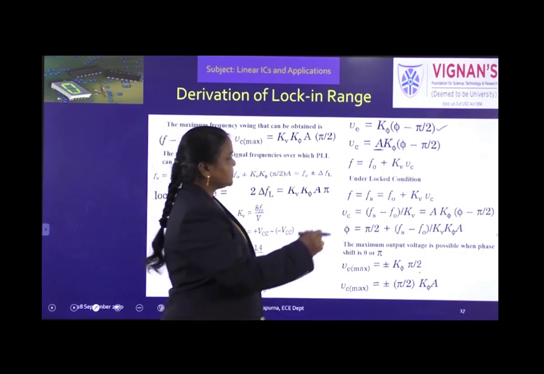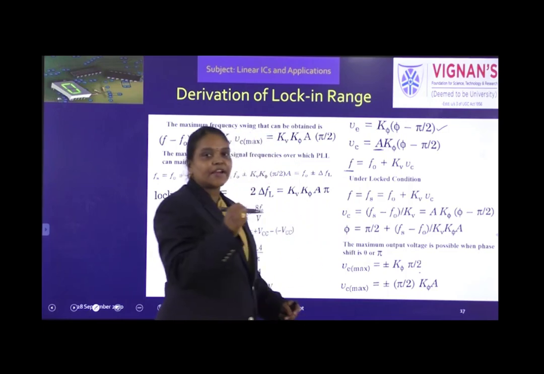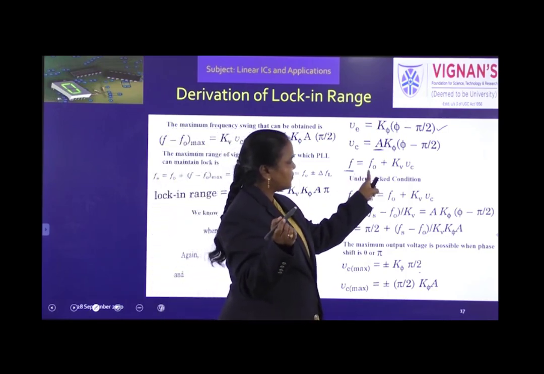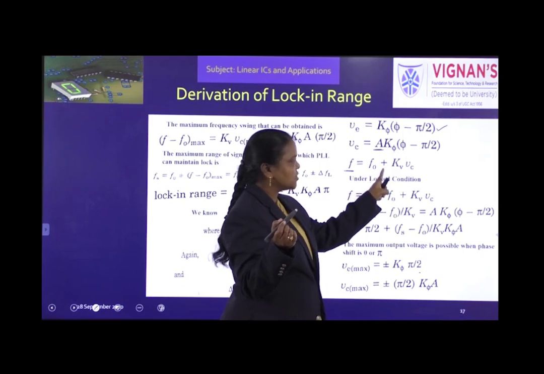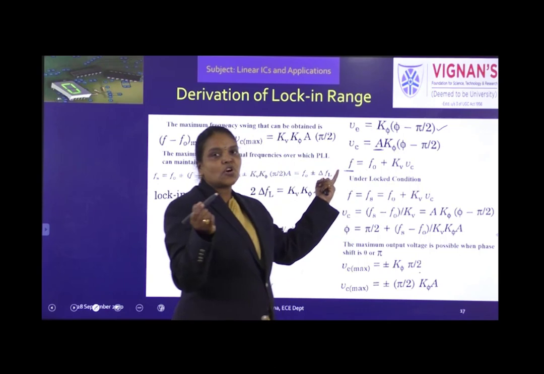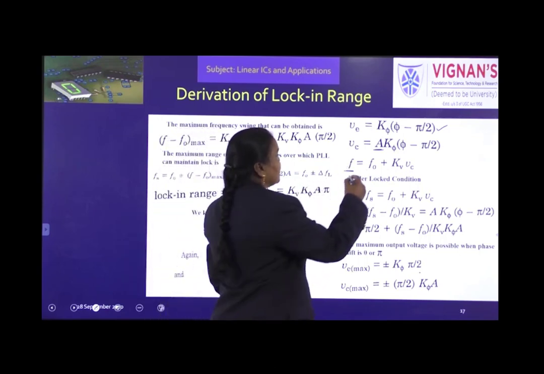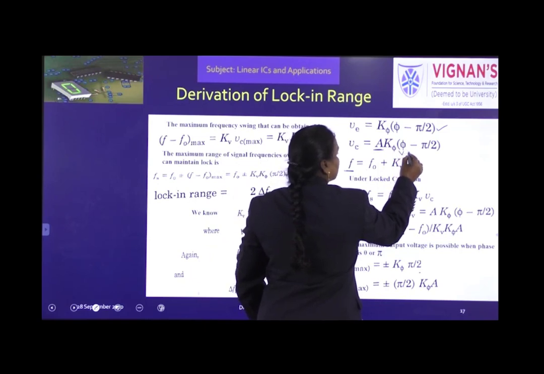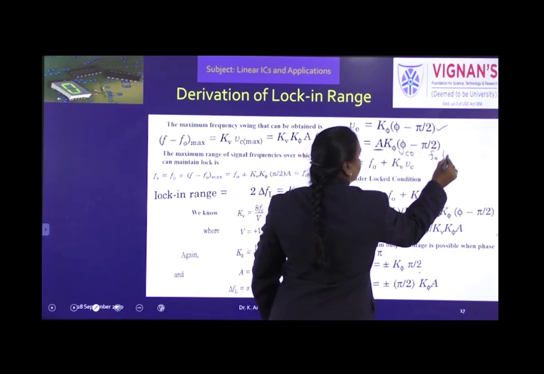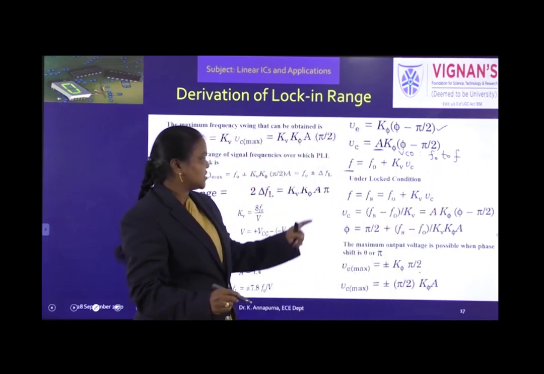And next, the VCO changes its frequency according to the control voltage. So the initial free running frequency is F0, and we are applying this VC. So the next frequency of the VCO will be F. That is, the VCO is changing its frequency from F0 to F based on the control voltage VC.